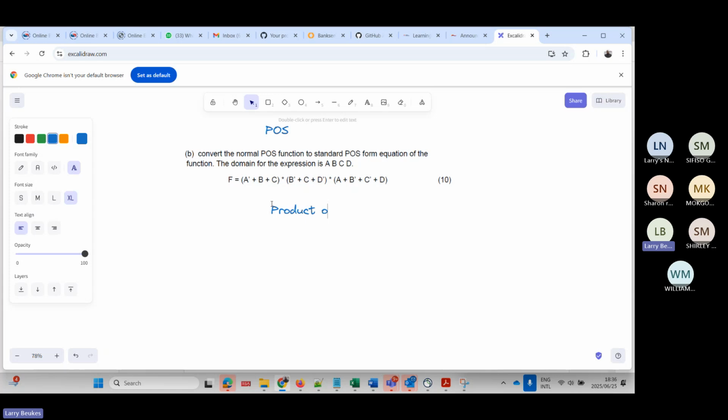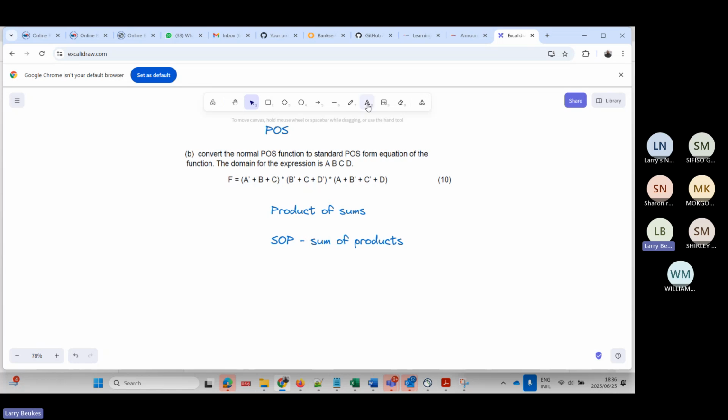Okay, let me say product of sums. Then remember SOP stands for sum of products, right? So what is the difference between the two? Product of sums means we're getting the product of sums, and sums are results of additions, right?